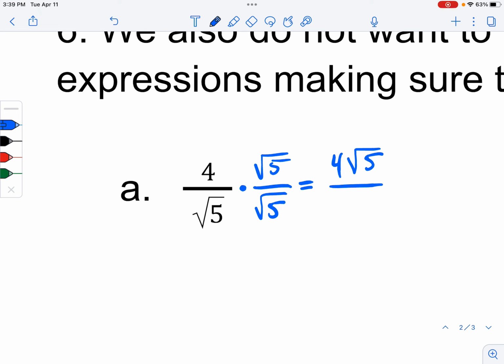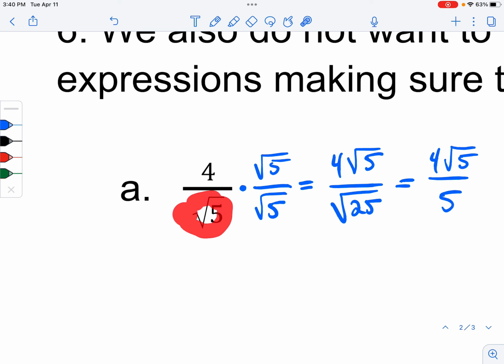So the square root of 5 times the square root of 5 is the square root of 25. And this works out really nicely because we know the square root of 25 is just 5. So this is the thought process, right? If I multiply the bottom number by itself over itself, I will end up canceling out that radical in the bottom.